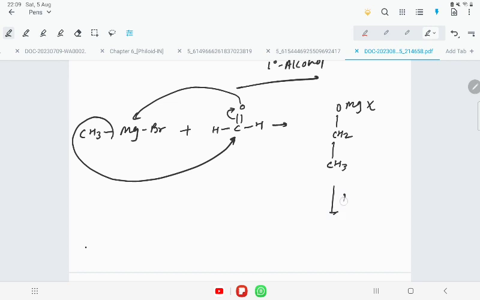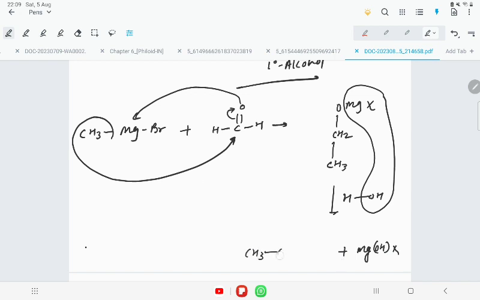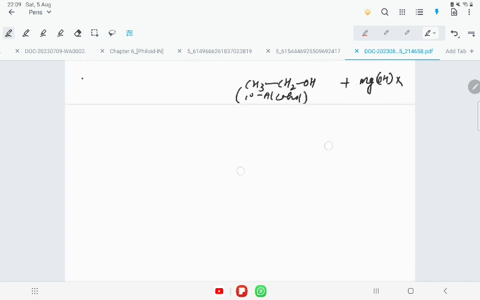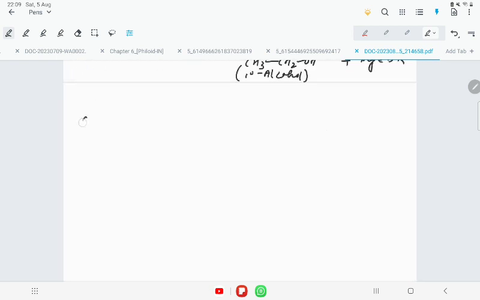Now this reagent is going to hydrolyze with HOH, so MgOHX is out. What is there? It is MgOH and X, plus it is going to give CH3, CH2 and OH. This is the 1 degree alcohol, right. Got it, student.